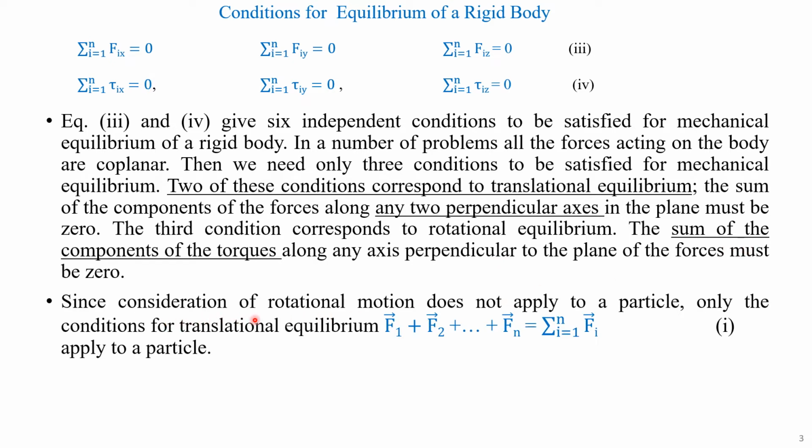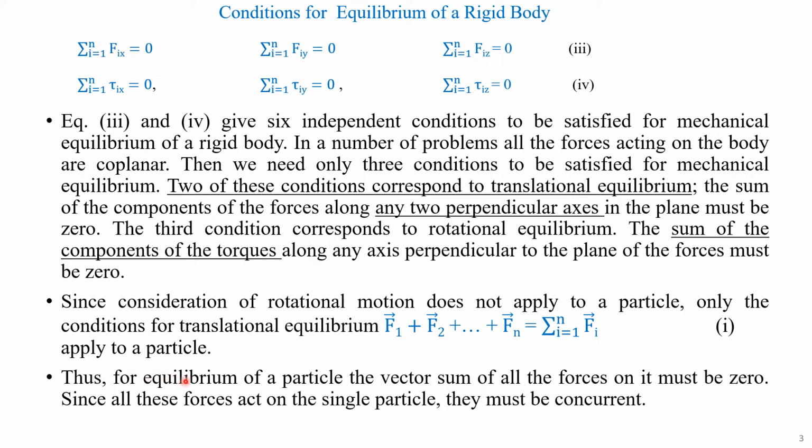Since the consideration of rotational motion does not apply to a particle, we have only one equation: F1 plus F2 plus F3 and so on up to Fn equals sigma i equals 1 to n of Fi. This was equation 1. Apply this to a particle.